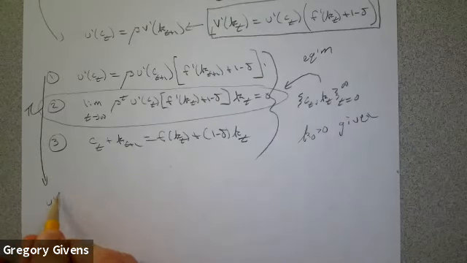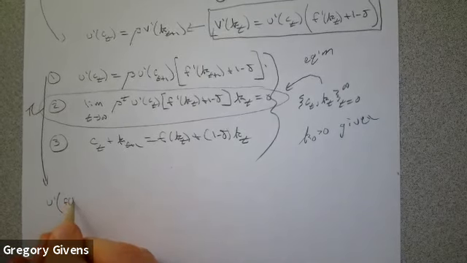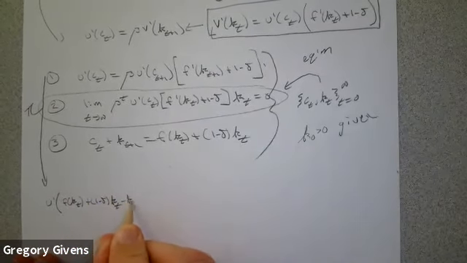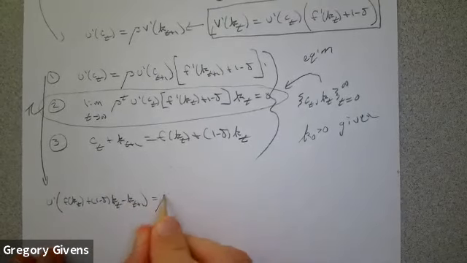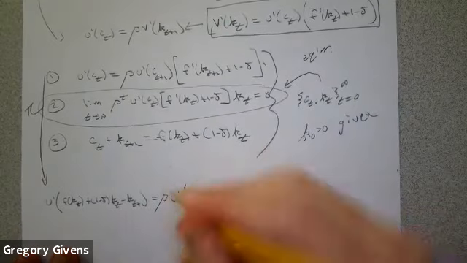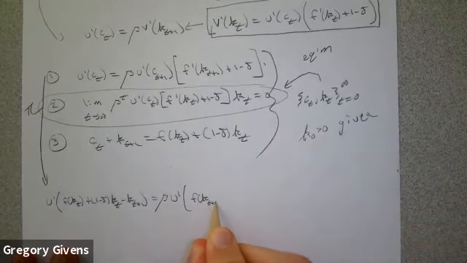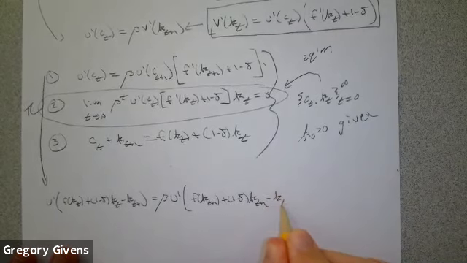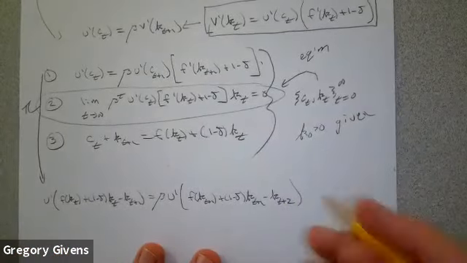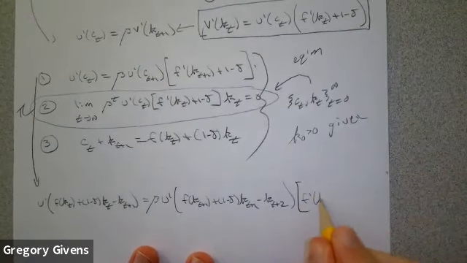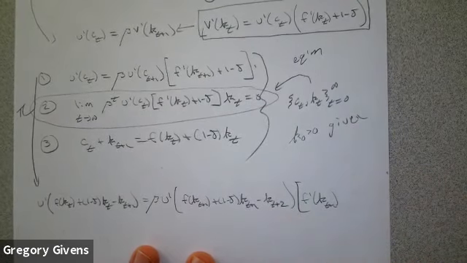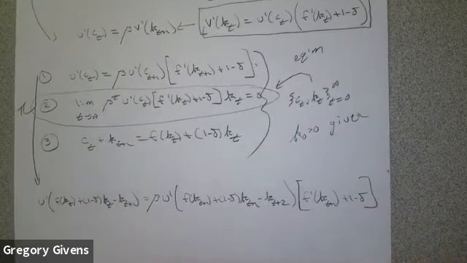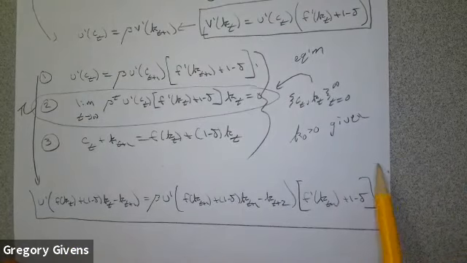We can rewrite this as u'(c_t), where c_t is f(k_t) + (1 - delta)k_t - k_{t+1}, equal to beta times u'(c_{t+1}), which is f(k_{t+1}) + (1 - delta)k_{t+1} - k_{t+2}, times f'(k_{t+1}) + 1 - delta. So here I'm combining equations 3 and 1.